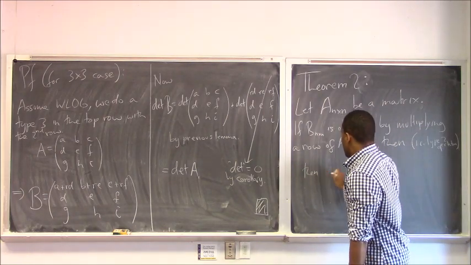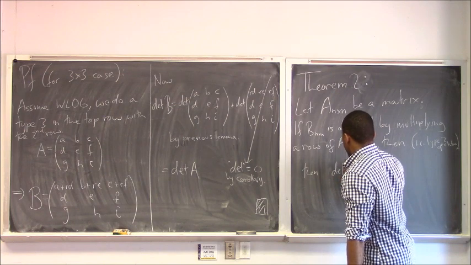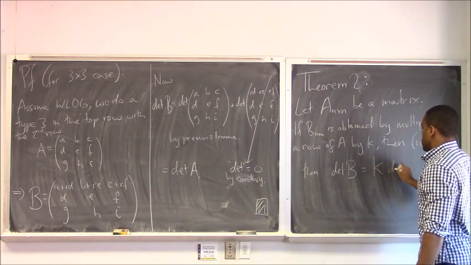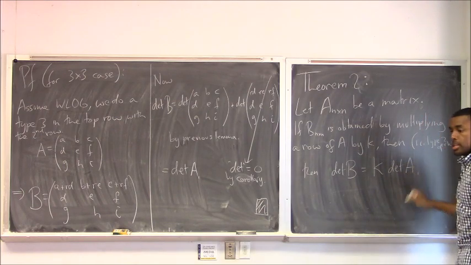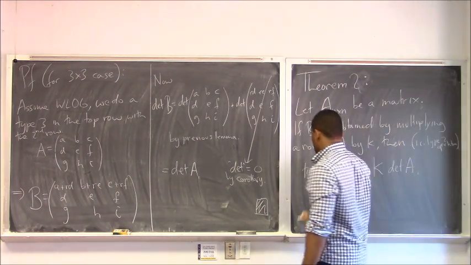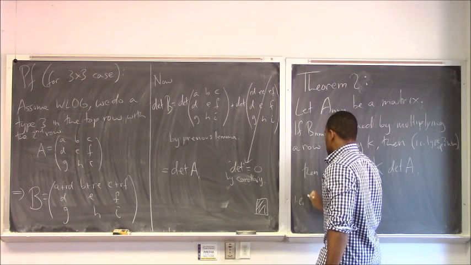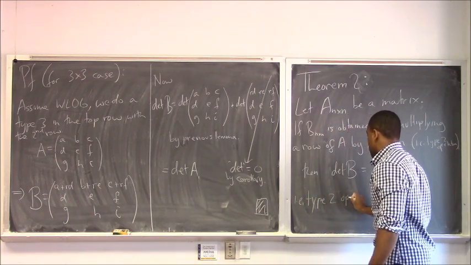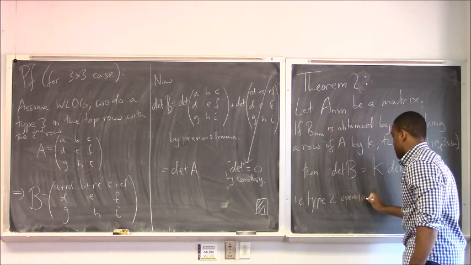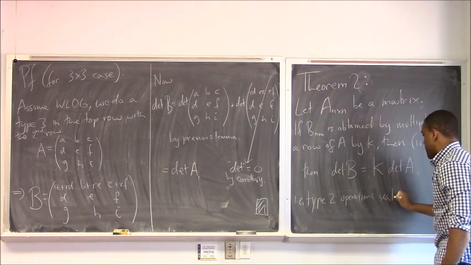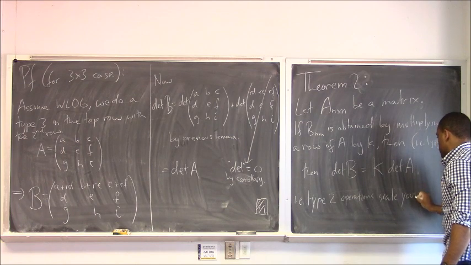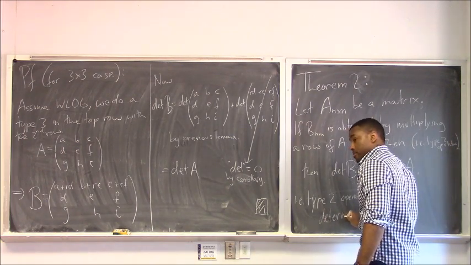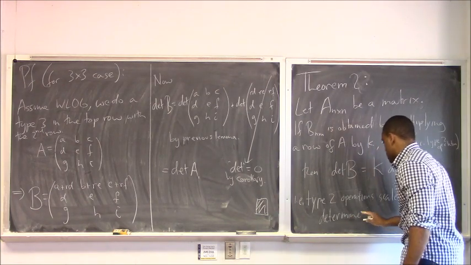Then it turns out the determinant of B is going to scale the determinant of A by that same scale, i.e. type 2 operations scale your determinant by the same scaling factor that you use in the operation.